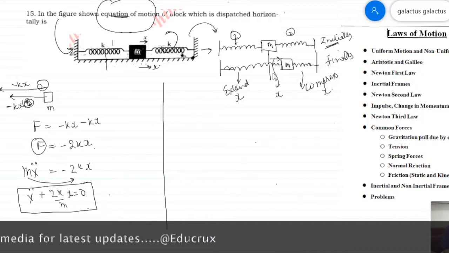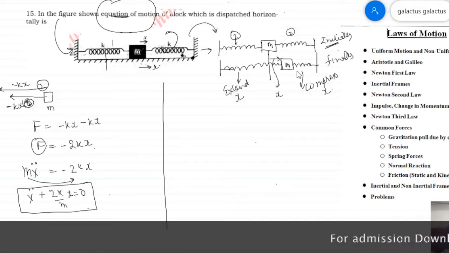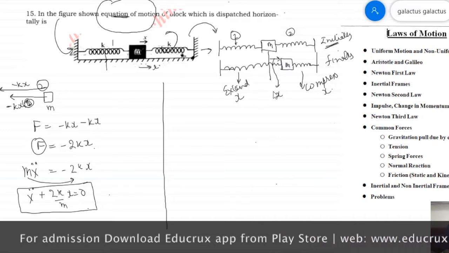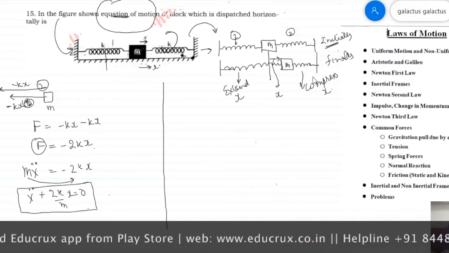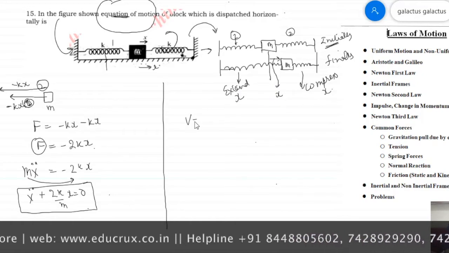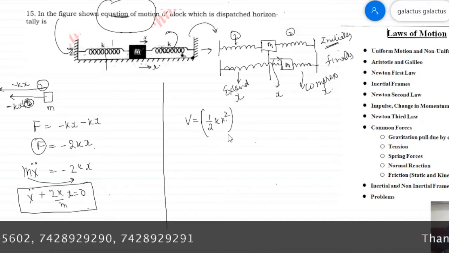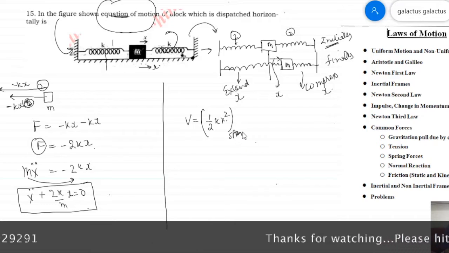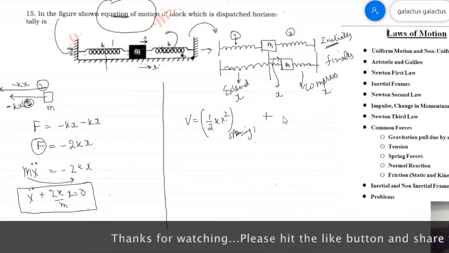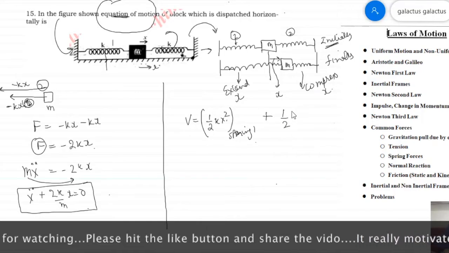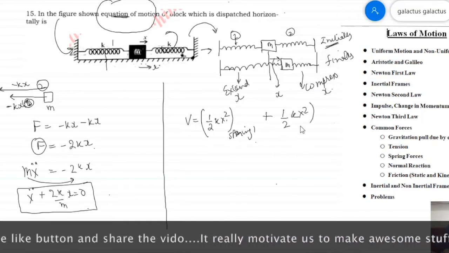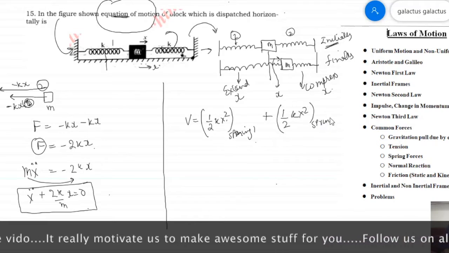Now the other method that we will discuss is based on the potential energy of the system. If I displace this system by a displacement x, then spring 1 will be extended by x, and spring 2 will be compressed by x. So the potential energy of the system will be half kx square for spring 1, and similarly half kx square for spring 2, which is compressed by x.